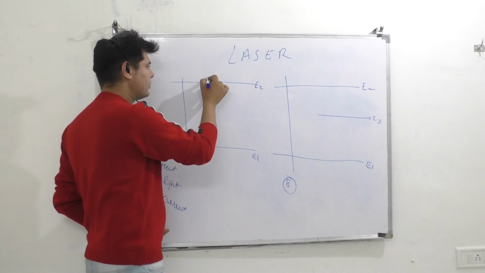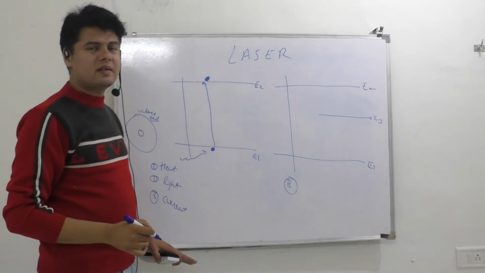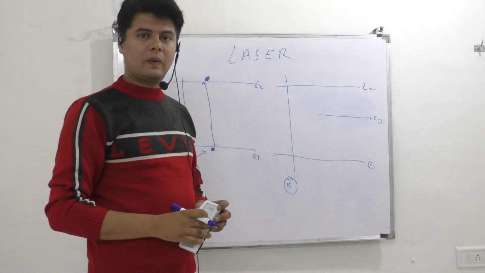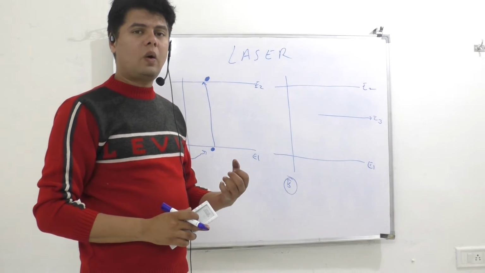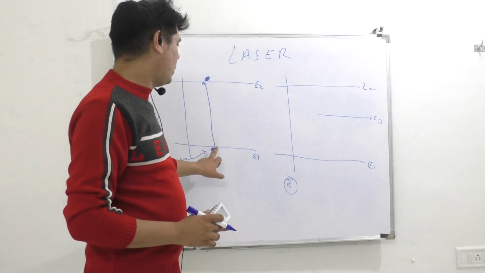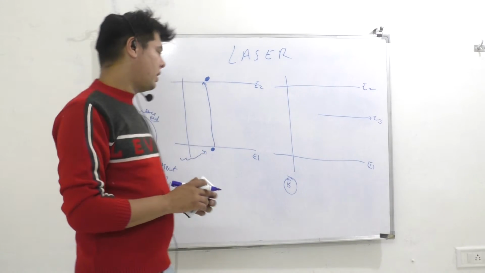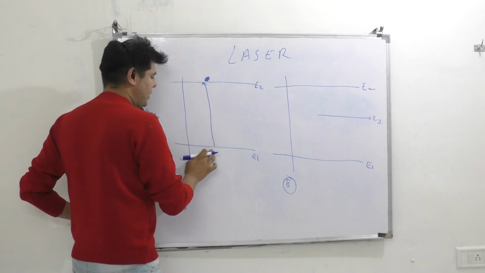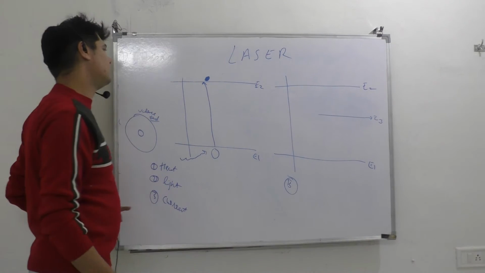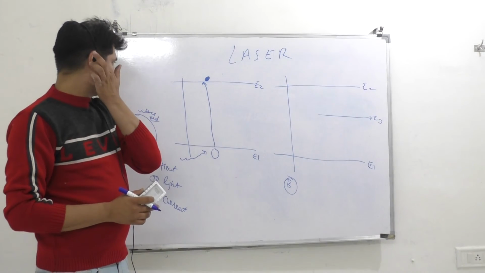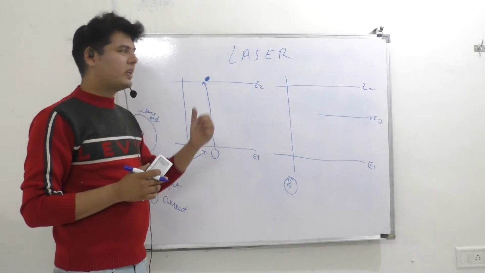Now, when the electron reaches the energy state E2, it creates a vacancy or a hole at the low energy state. For proper understanding, here I am making a hole. Now what happens to this electron?